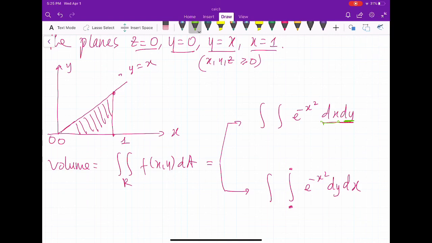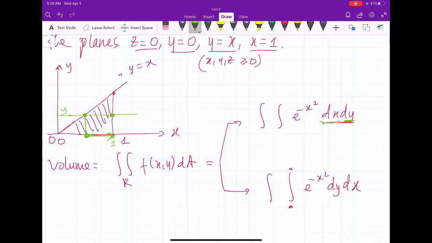Make sense? All right, so for the first case, with the order dx dy, I fix y, and I need to find x. I fix y right here. So here's my intersection in here and in here. Basically, x should go from this point to this point. So 1 is already right here.